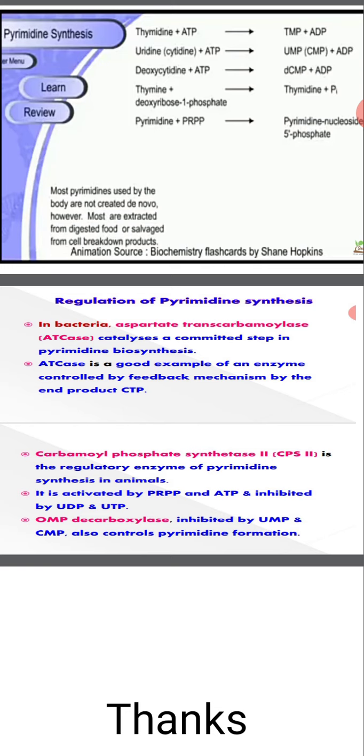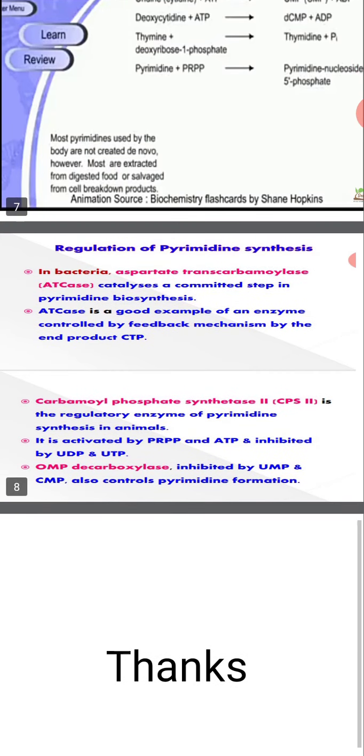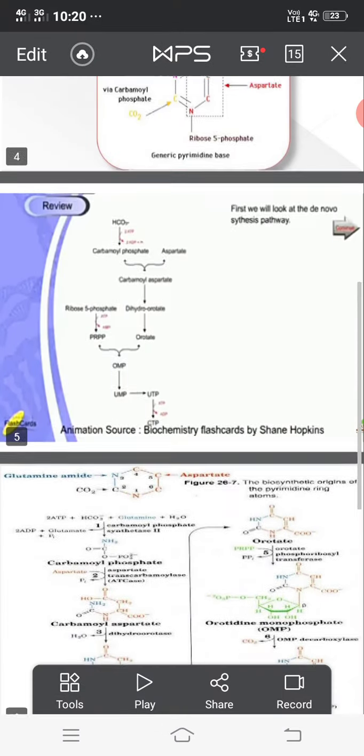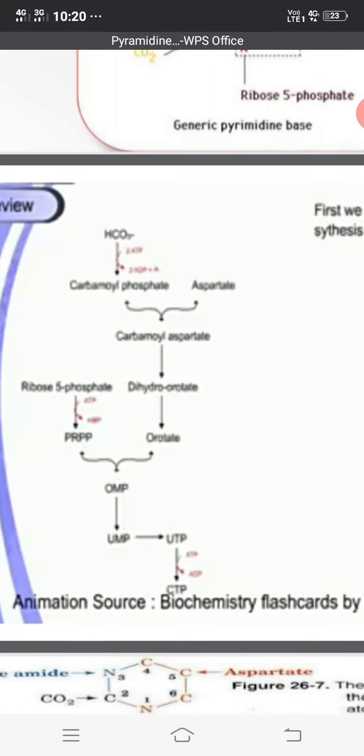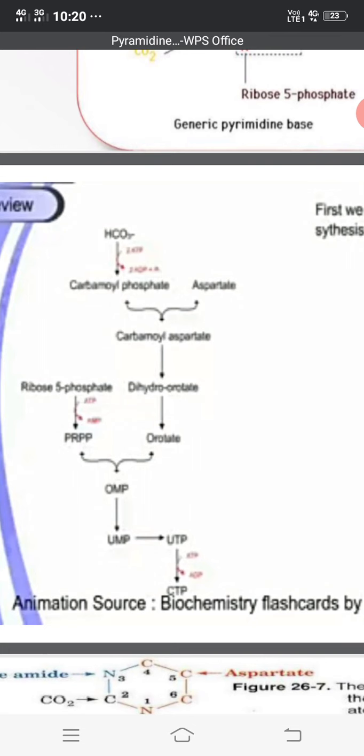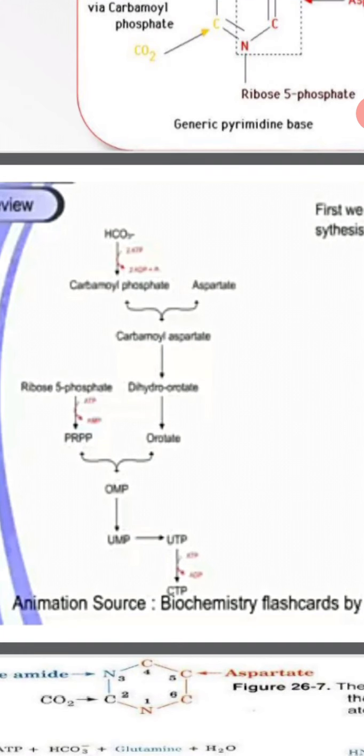Aspartate transcarbamylase catalyzes a committed step in pyrimidine biosynthesis. We discussed aspartate transcarbamylase, which is seen in the de novo pathway, where carbamyl phosphate and aspartate are conjoined with the help of aspartate transcarbamylase. Aspartate transcarbamylase is a good example of an enzyme controlled by a feedback mechanism by the end product CTP. And carbamyl phosphate synthetase 2, which we discussed, converts HCO3 to carbamyl phosphate.